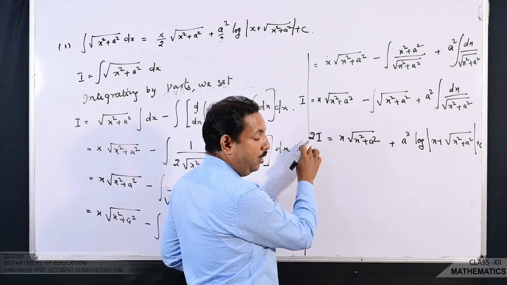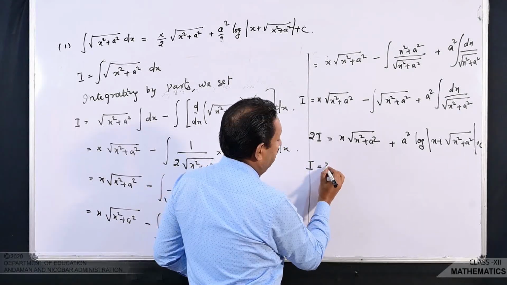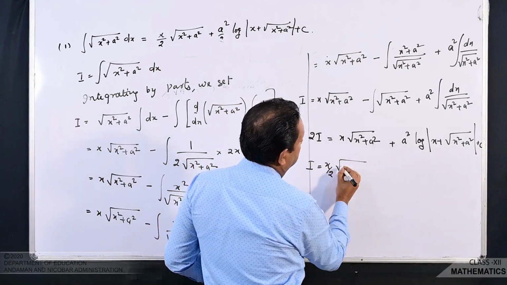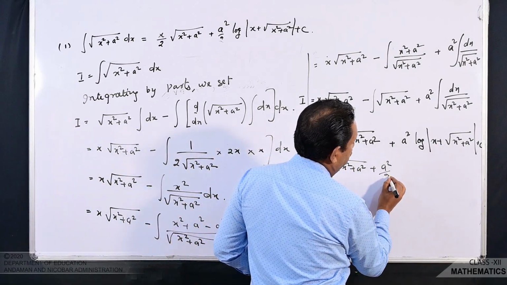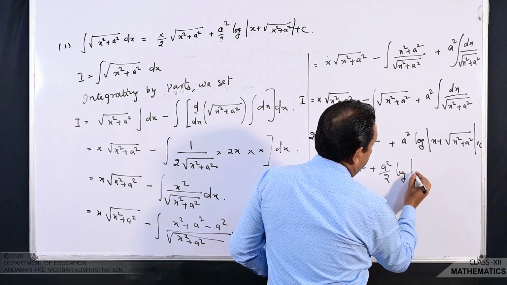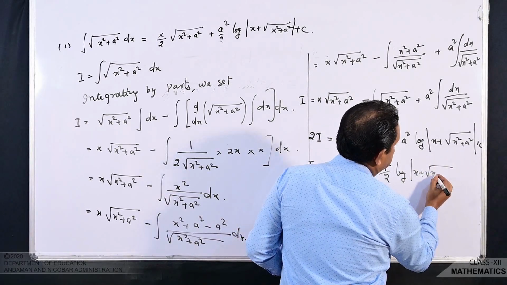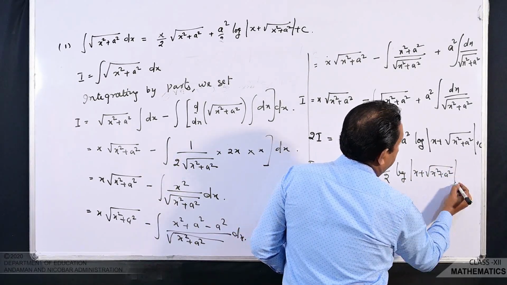So now this I is equal to x by 2 root under x square plus a square, by 2 log of mod x plus root under x square plus a square, and plus c.